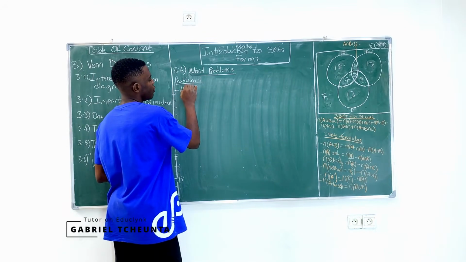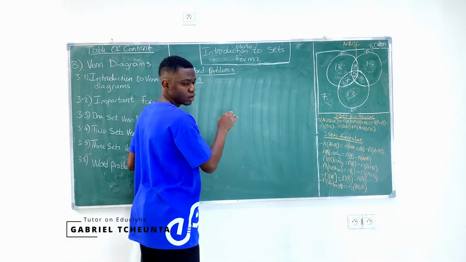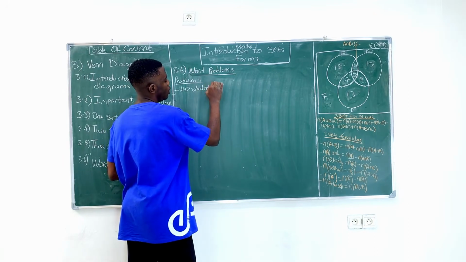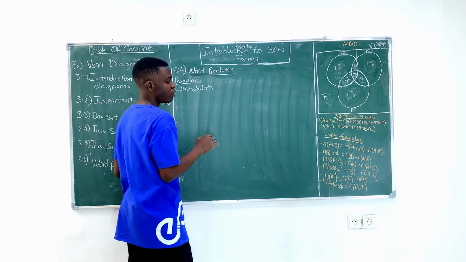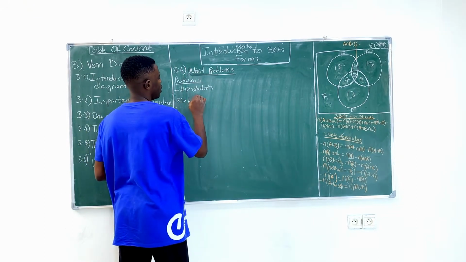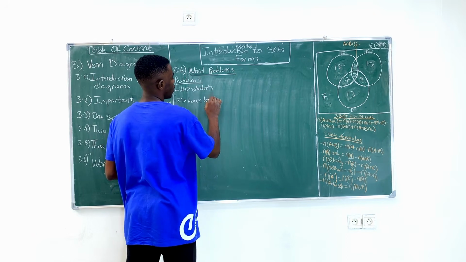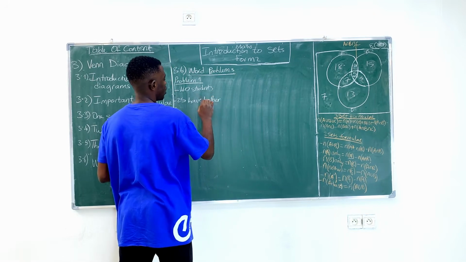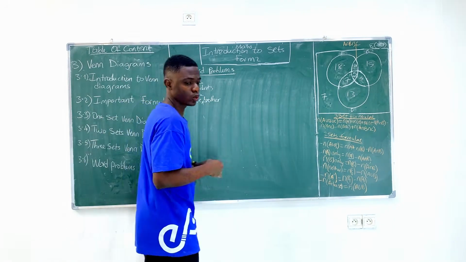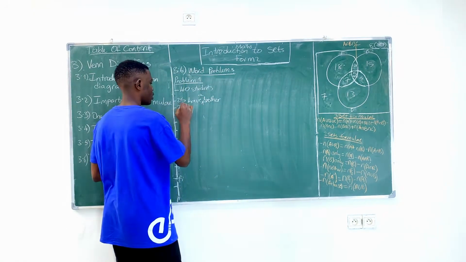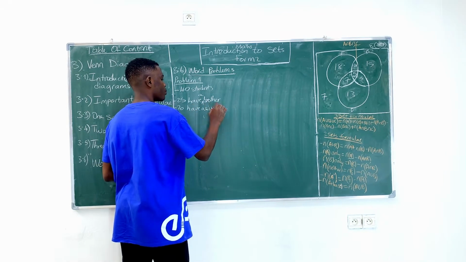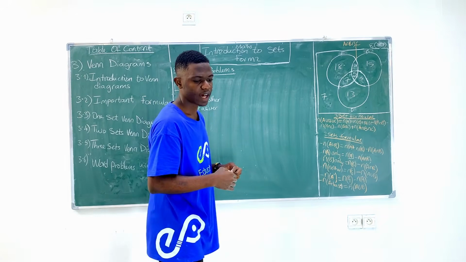So in the class of 40 students, 25 of them have a brother, 20 have a sister, and 5 have neither.